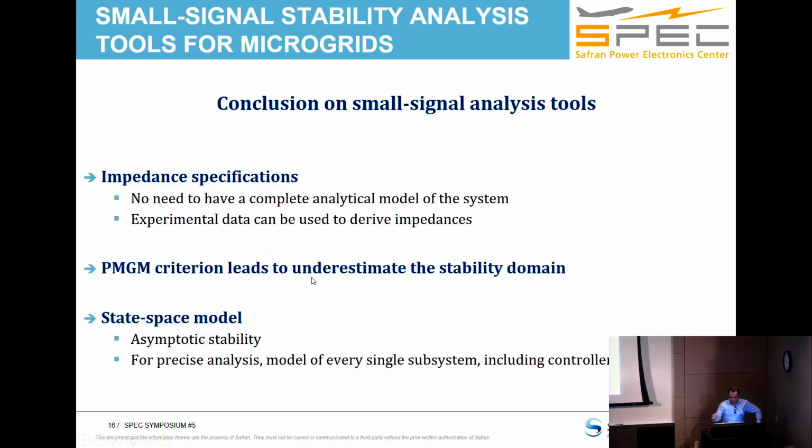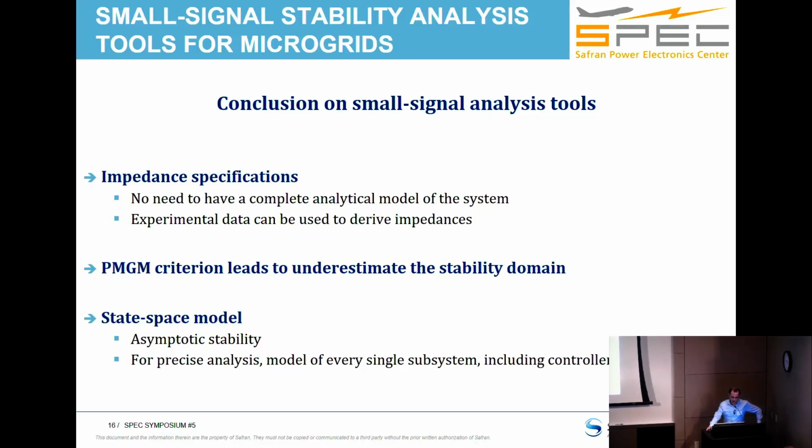So let's conclude on small signal stability analysis. Once again, you are familiar with it, which is why I don't spend my time on that topic. The first approach is based on impedance specifications. The good thing with this approach is that you don't need a complete analytical model. Some authors even propose online identification of the input impedance or output impedance of each subsystem, so you don't need a detailed model.